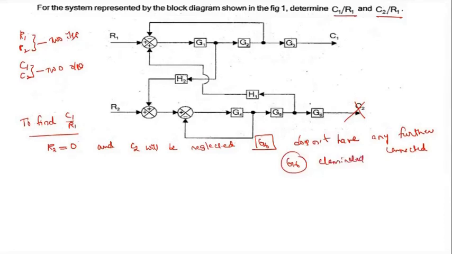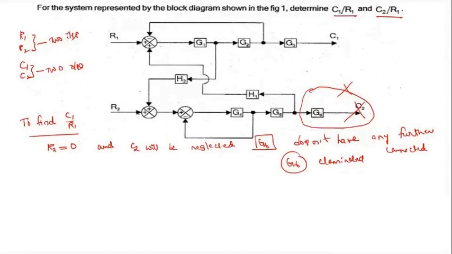The further diagram does not require it, because we are going to find C1 by R1. That's why the R2 input is made 0 and C2 will be neglected. If C2 is neglected, G6 doesn't have any further nodes. Therefore, G6 will be eliminated.